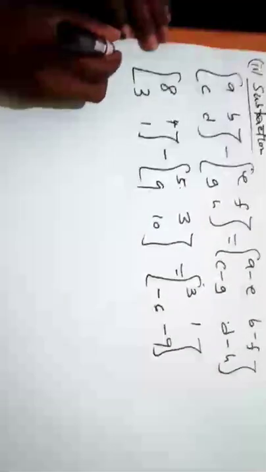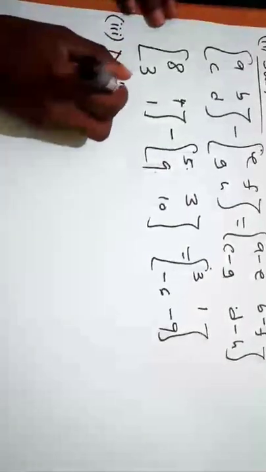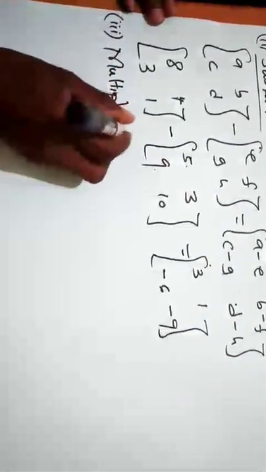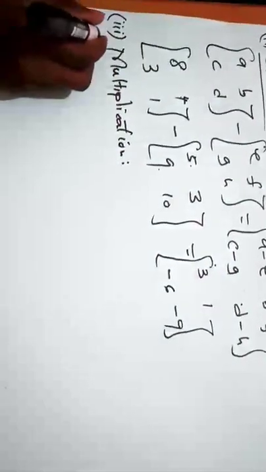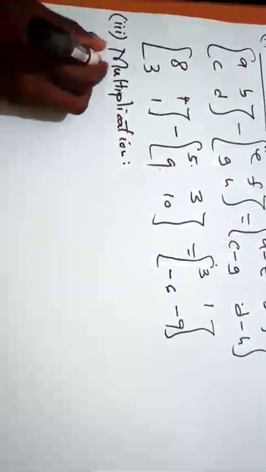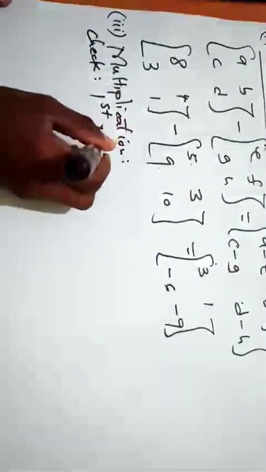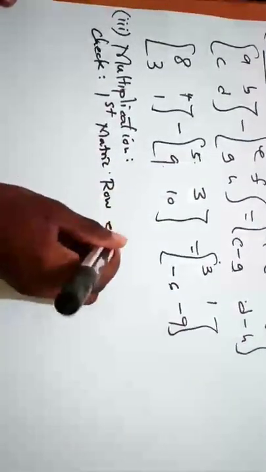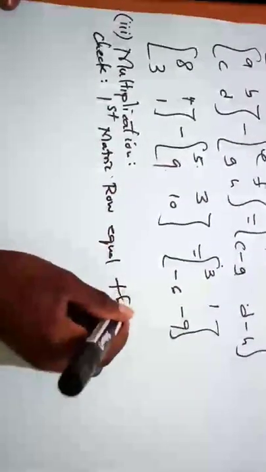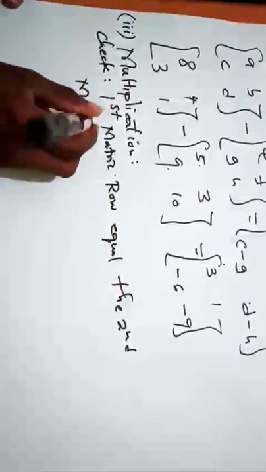Then let us talk about number 3. We are doing what we refer to as multiplication of matrix. When we are multiplying matrix, the first thing we check, we have to check that the first matrix row equal the second matrix column.